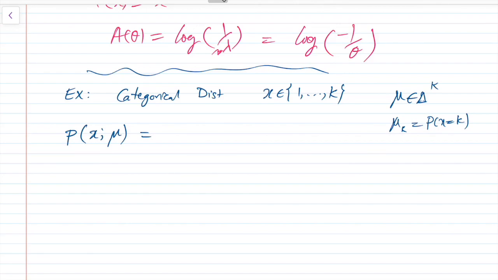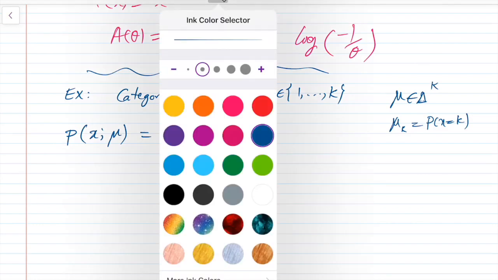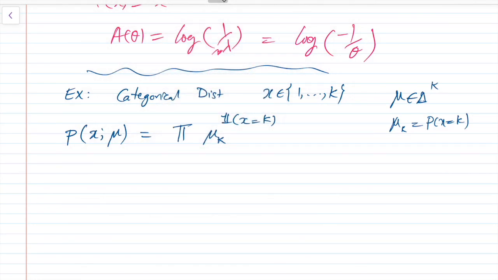So one way of writing it is mu_k to the power of an indicator function that x equals k, and then multiply over all of the k's. You agree? This is a form?